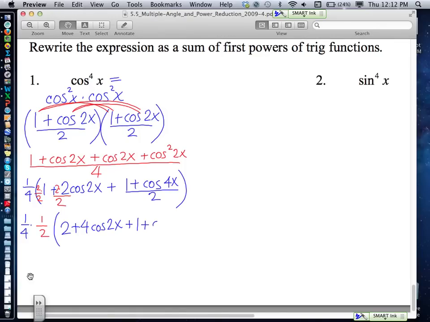So I have 1 plus cosine 4x. All right, so does anyone have trouble seeing what I did there? Common denominator first. Factor out a common factor of 1/2 from every term. And now we can just clean up our answer, all right?